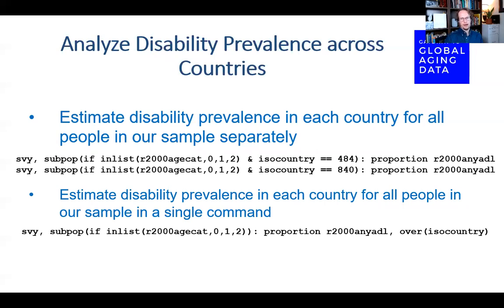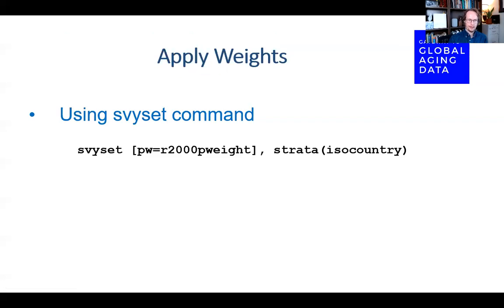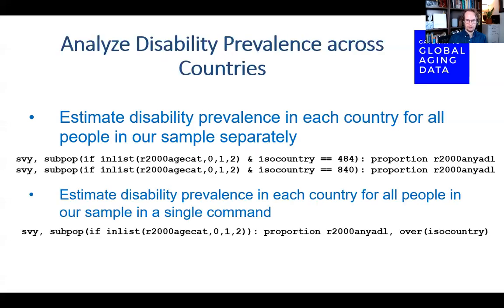So to begin with, when we finally get to our estimation here, we're going to estimate disability prevalence in each country, for all people in our sample, separately for Mexico and for the US. So in this first line here, we're going to say svy, and svy tells Stata to remember what we said at svyset. So we don't have to repeat the weighting or the stratification information again.